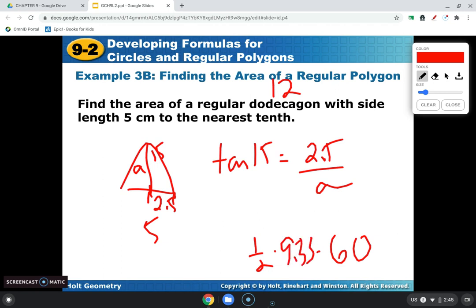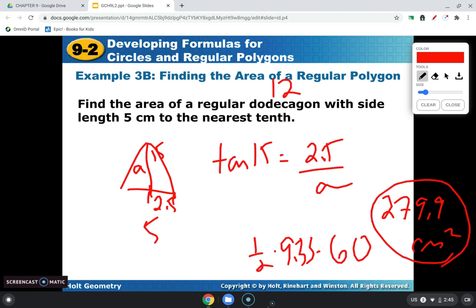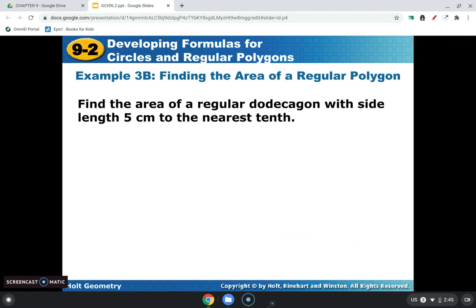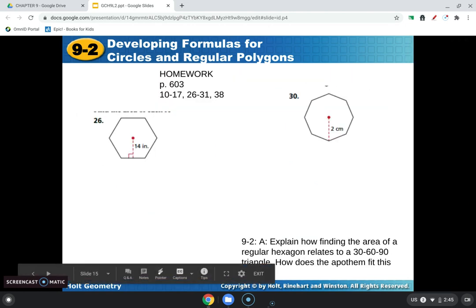So we go half times 9.33 times 60, which gives me an area of 279.9 centimeters squared. So make sure you know how to find that central angle, and then you have to use some trig, and half times apothem times perimeter is the formula for a regular polygon.